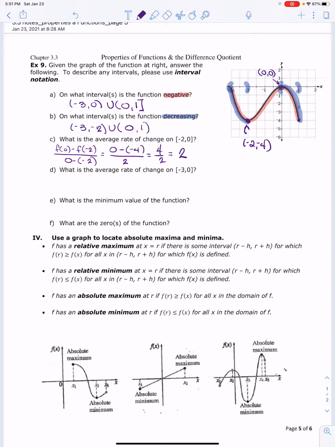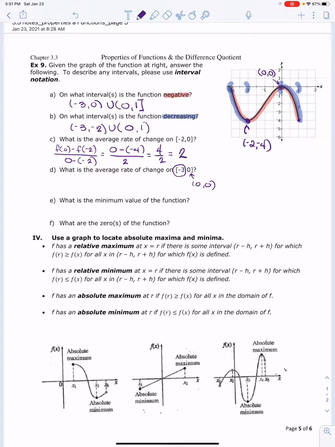The average rate of change on -3, 0. This is a little funky. So I've got this point, 0, 0. But notice up top, that -3 is not included in the domain. So this here is a problem because we don't actually have a function at -3.